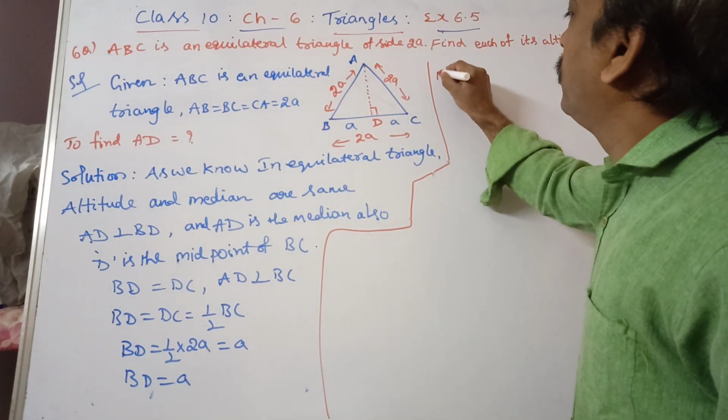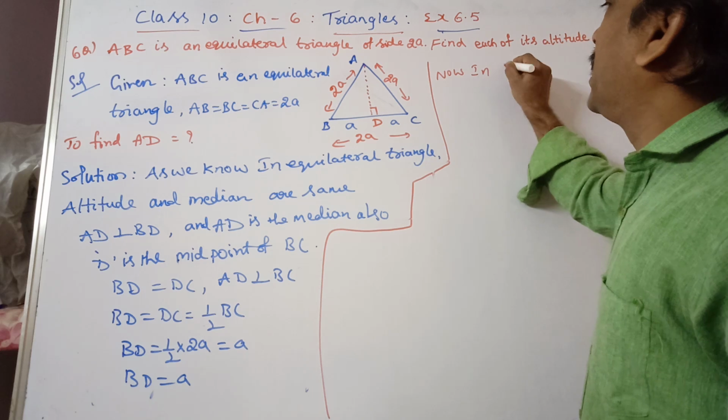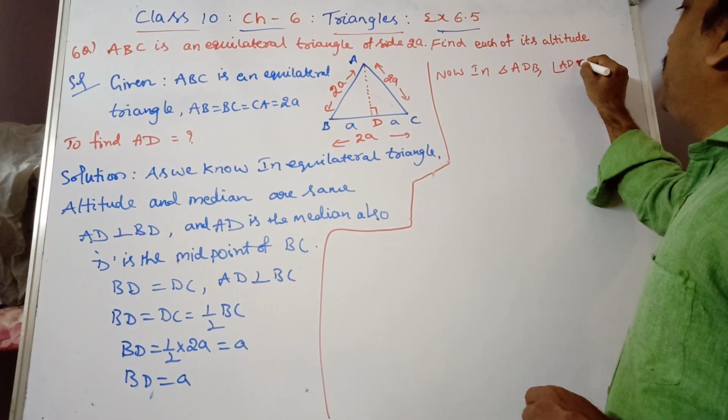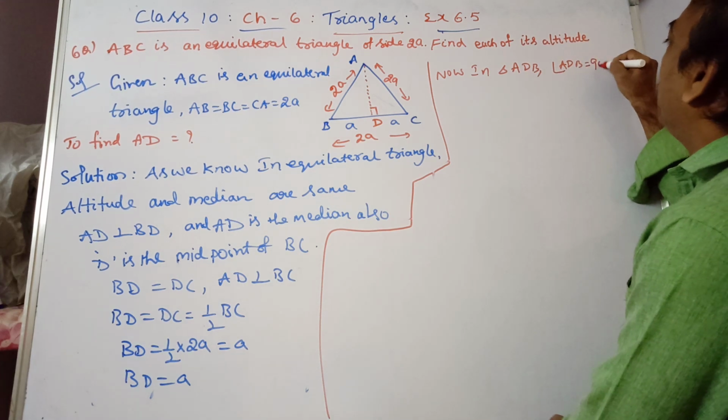Now in triangle ADB, angle ADB equals 90 degrees.